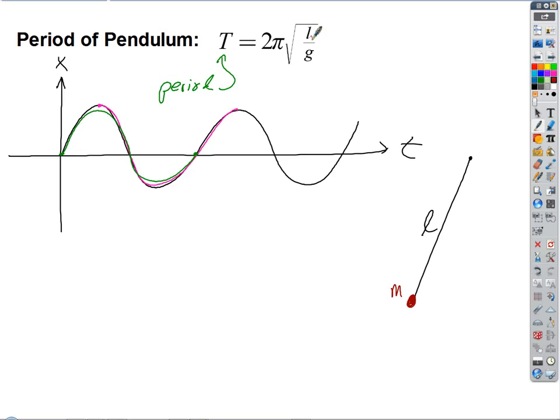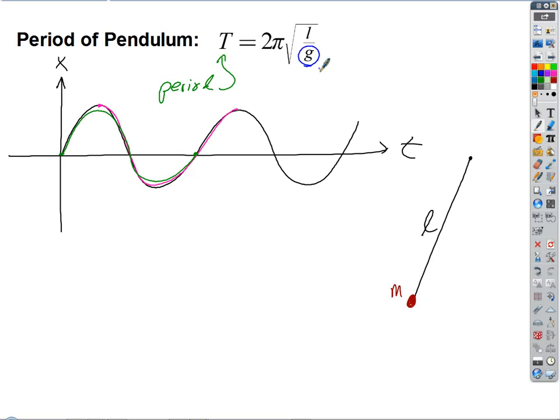What about the gravitational strength, the acceleration of gravity? What's the correlation going to be there? If we did this on the moon, what would we expect to happen? So smaller gravity is bigger T. Okay, smaller gravity means bigger T because look where the acceleration of gravity sits in that fraction. It sits in the denominator, and has an inverse relation to the size of the fraction, right?